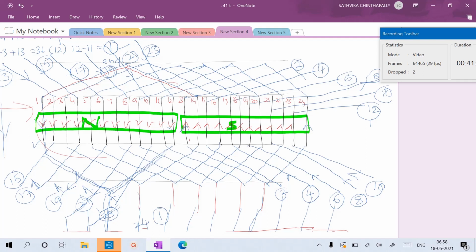Below the parallel lines, draw the commutator segments and number them as per the given data, in this case 12 segments. Connect the coil ends to the commutator segments properly and locate the poles at equal distance starting from any of the slots, and name them north and south alternately.